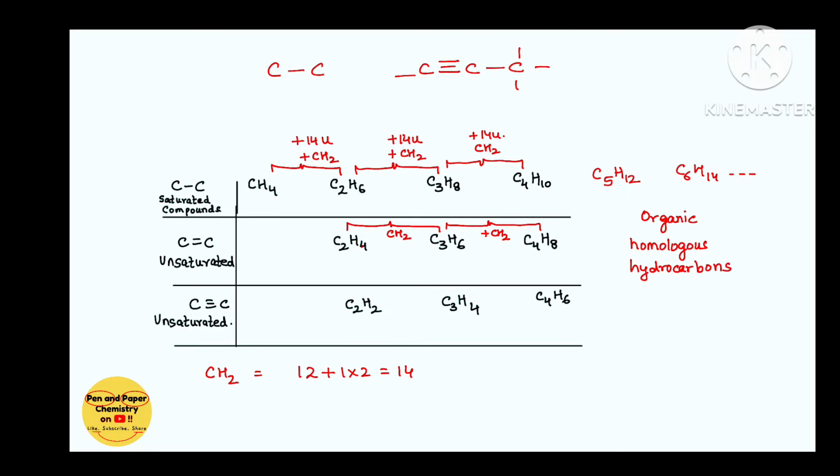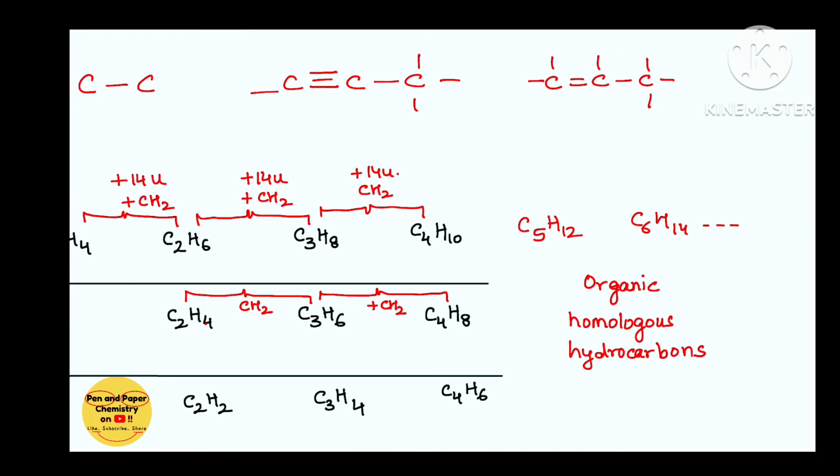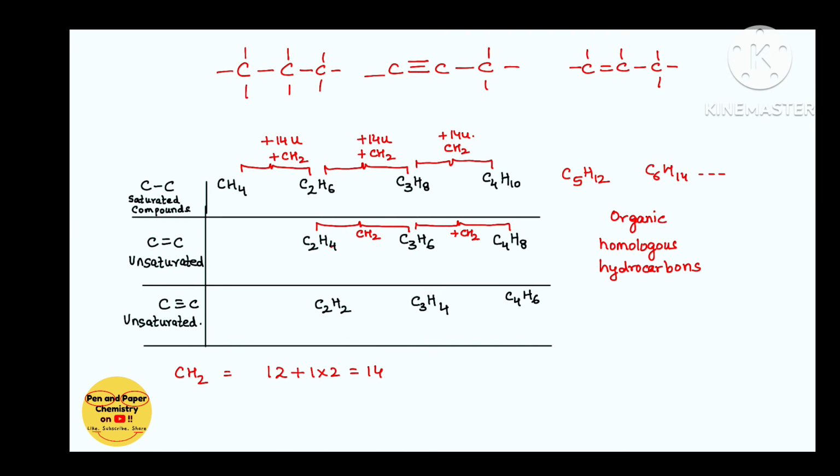Now, because of the presence of this double bond or triple bond between the carbon atoms, the chemical behavior of these compounds becomes very different from the chemical behavior of compounds wherein there is only a single bond between the carbon atoms. So you see, the triple bond and the double bond can be classified as functional groups.